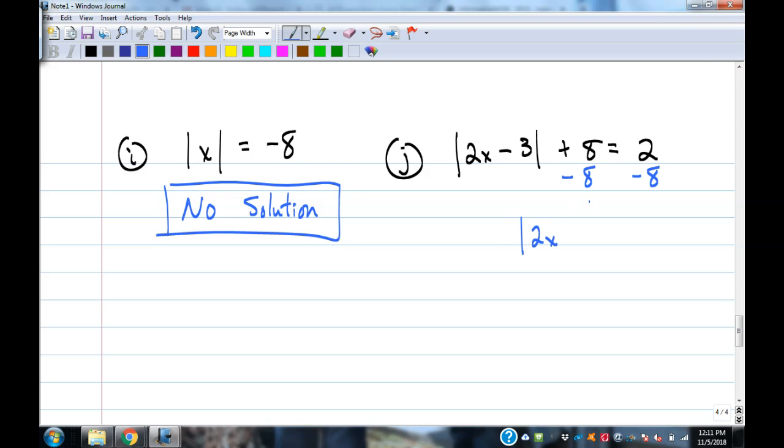So the absolute value of 2x minus 3 is equal to, what's 2 minus 8? Negative 6. Here is the statement that says, oh, now it's no solution because we have an absolute value. It's got 2x minus 3 in it, but that really doesn't matter. Its absolute value by itself is equal to a negative number. So that's saying a distance is equal to negatives. That doesn't happen. Can't have that. So this is a no solution.